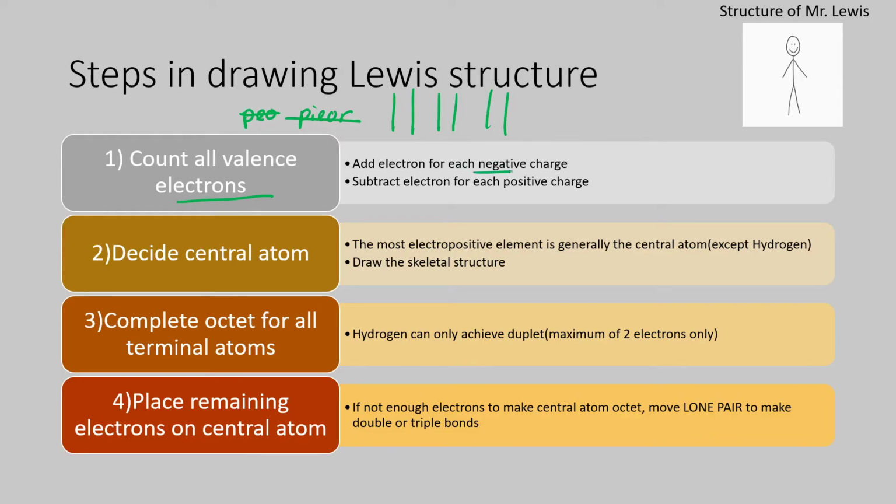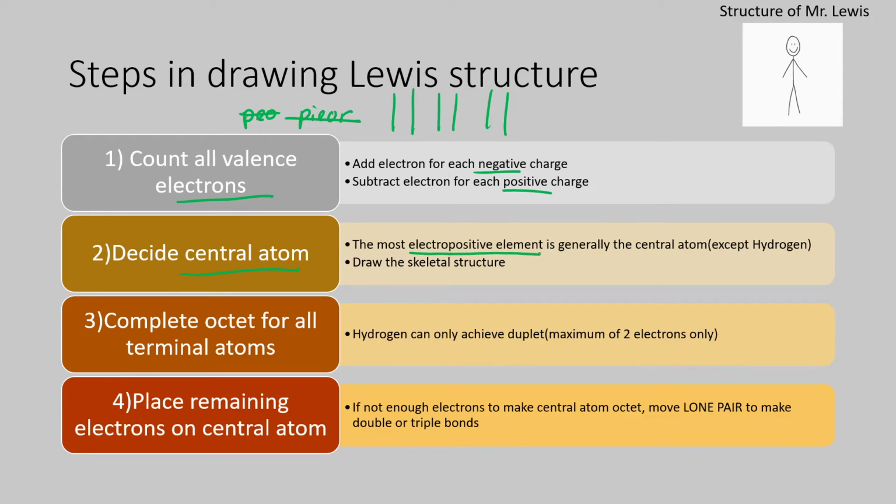You check whether it has a positive or negative charge. We know that for negative we add electrons, and for positive we subtract electrons. Check based on its charge. And then we decide the central atom, which is the most electropositive element.